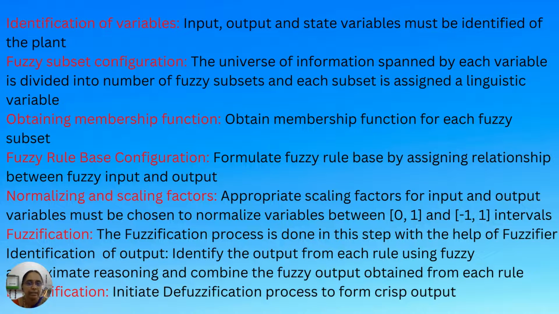That is, we are assigning a fuzzy rule base to the concerned problem. Then normalizing and scaling factors are processed, and then the fuzzification process is done after this. Then finally defuzzification. This initiates the defuzzification process to form the crisp output. Otherwise the implementation will be difficult.